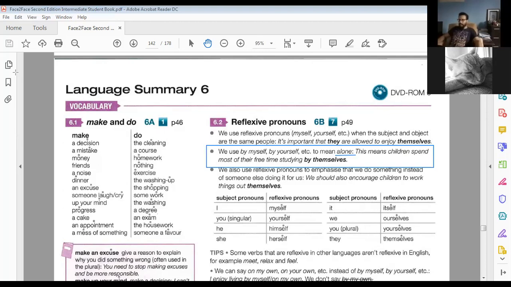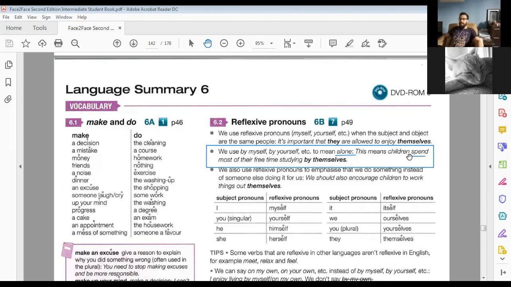لو القصة alone اللي هي ندو فيها مش أن الحاجة تديرها بروحك، أنك أنت قاعد بروحك. Studying by themselves, spend most of their time. Spend. Do you get the idea? التركيز مش على studying، على spending. Okay. على spending time.